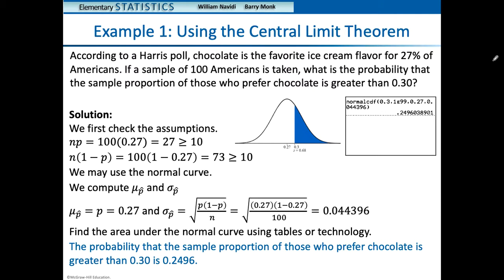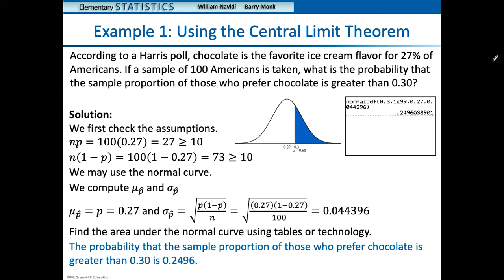First of all, we need to check our assumptions to see if we can justify treating the sampling distribution as a normal distribution. So to do that, we take the sample size and multiply it by the population proportion. The population proportion is the 27%, or 0.27, right? It's the population proportion of people who say chocolate is their favorite ice cream flavor. Okay?